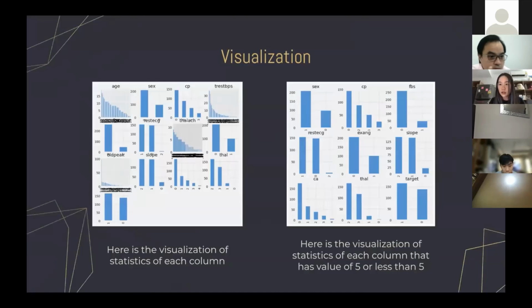The left one is the visualization of the statistics of each column. Since some of the columns have really high values, which are hard to see here, I adjust the graph to show only the columns with values less than 5, as you can see on the right side.